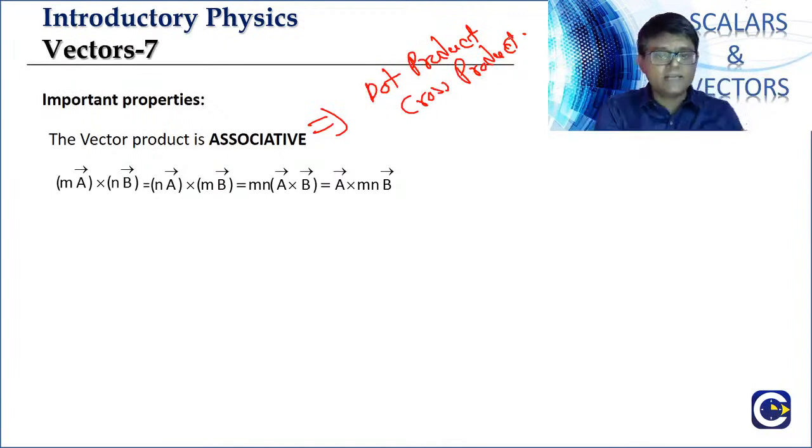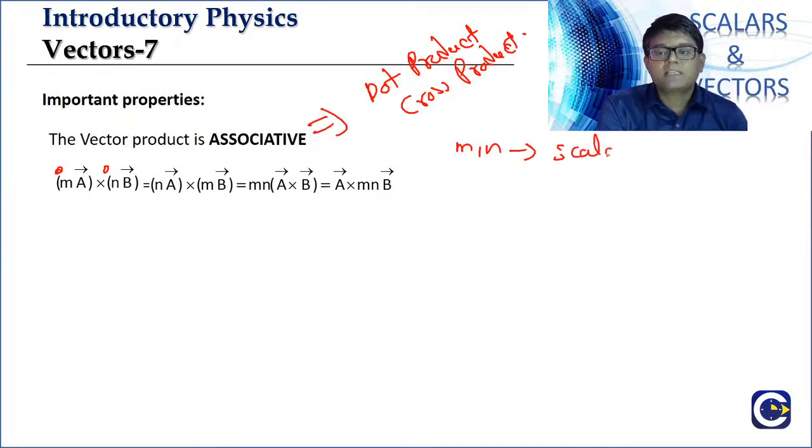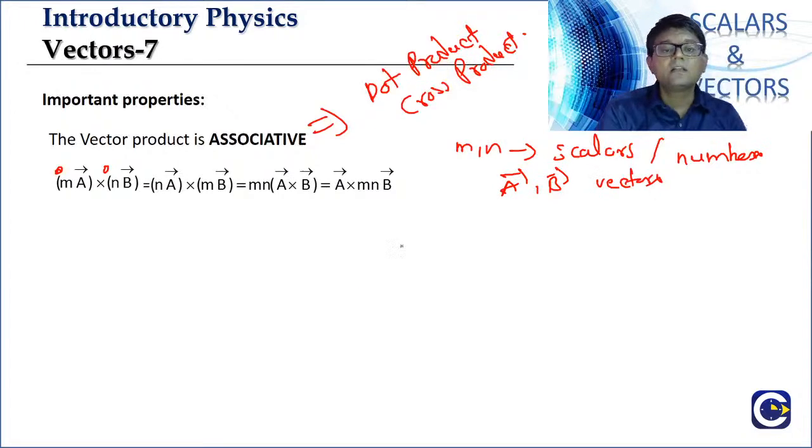Look at it now. If you have two numbers m and n, we can call them scalars or numbers. And A bar and B bar are vectors.